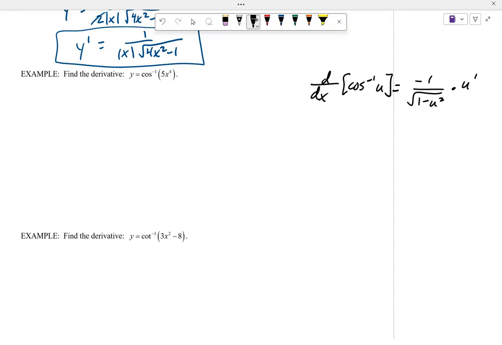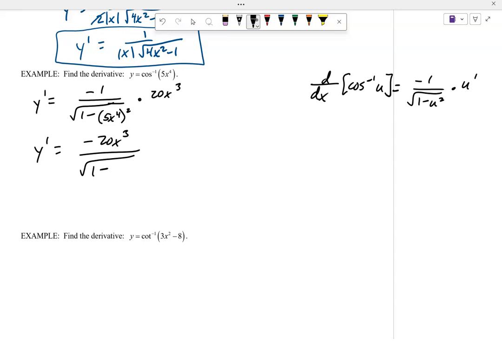So this derivative, y prime, would be -1 over the square root of 1 minus (5x to the 4th) squared, times the derivative of 5x to the 4th, which is 20x to the 3rd. And of course, I can multiply -1 and 20x to the 3rd. I get -20x to the 3rd over the square root of 1 minus 25x to the 8th. And there's my derivative on that one.